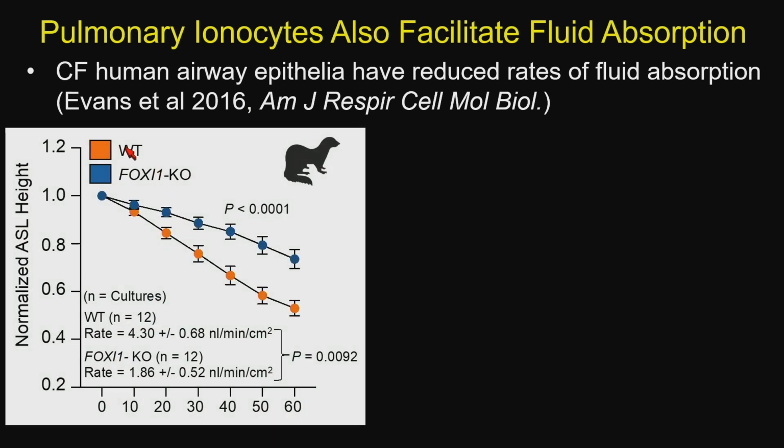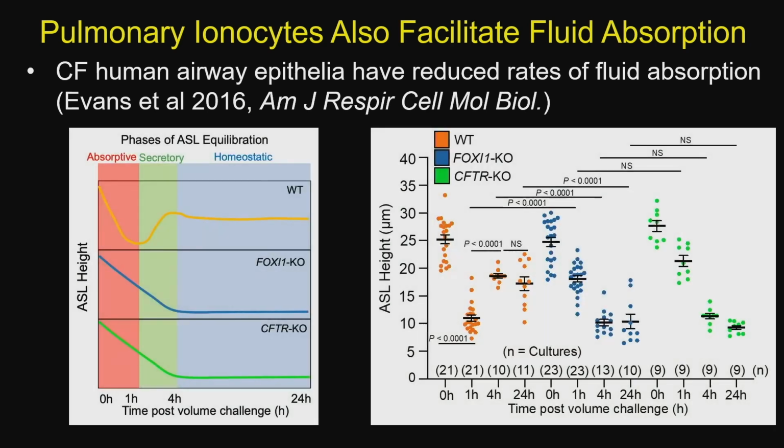If one compares FOXI1 knockout polarized airway epithelia with wild type, one sees here that the FOXI1 knockout, following a small volume of fluid added to the apical surface of polarized ALI culture, absorbs fluid more slowly than wild type. This looks identical to a CFTR knockout. And if one looks more closely and adds a very small volume to the apical surface of wild-type, FOXI1 knockout that don't have ionocytes, or CFTR knockout, you see that wild-type epithelia very rapidly absorb fluid.